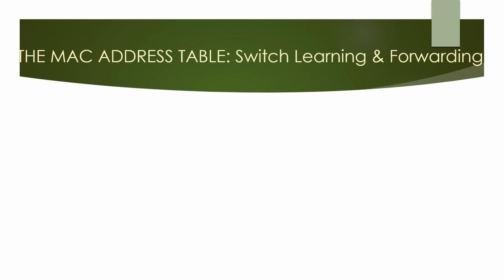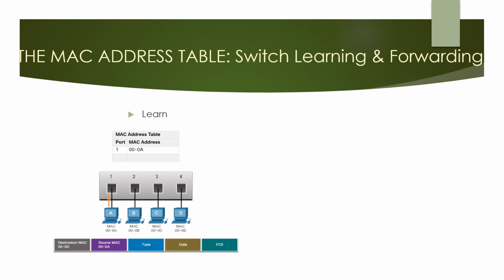There are 2 steps that we can see, and the first step is learning. The switch will examine the source MAC addresses, where every frame that enters a switch is checked for new information to learn.